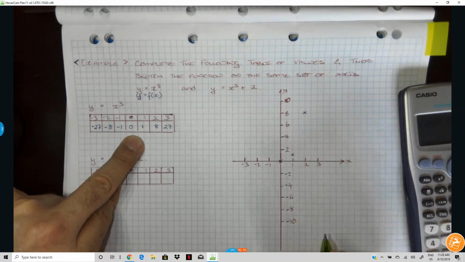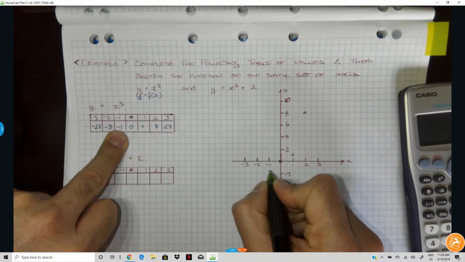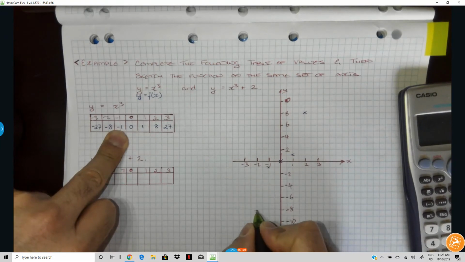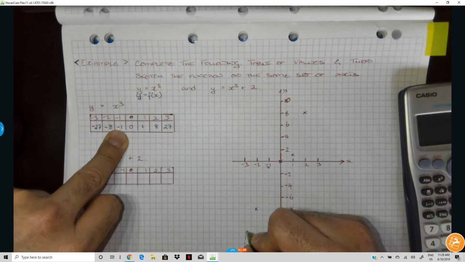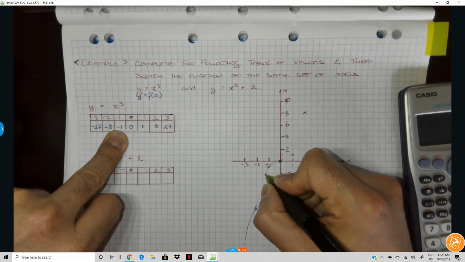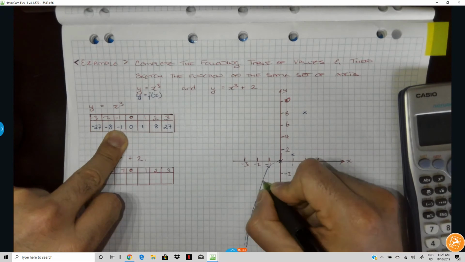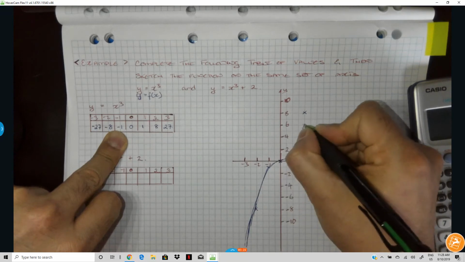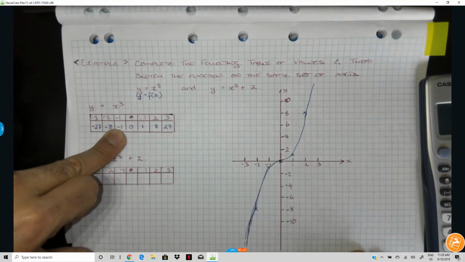Then negative 1, 1, negative 2, negative 8. Something that looks a lot like that.